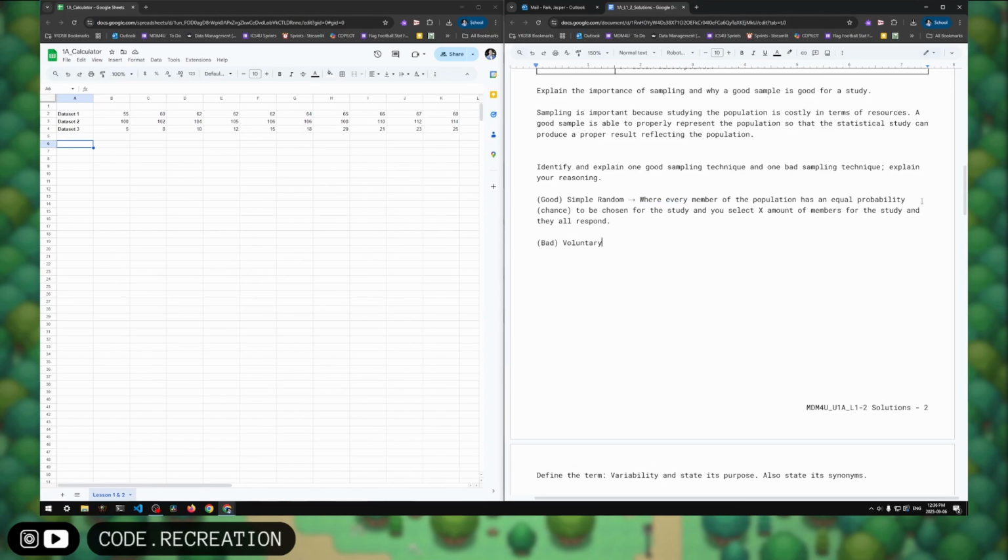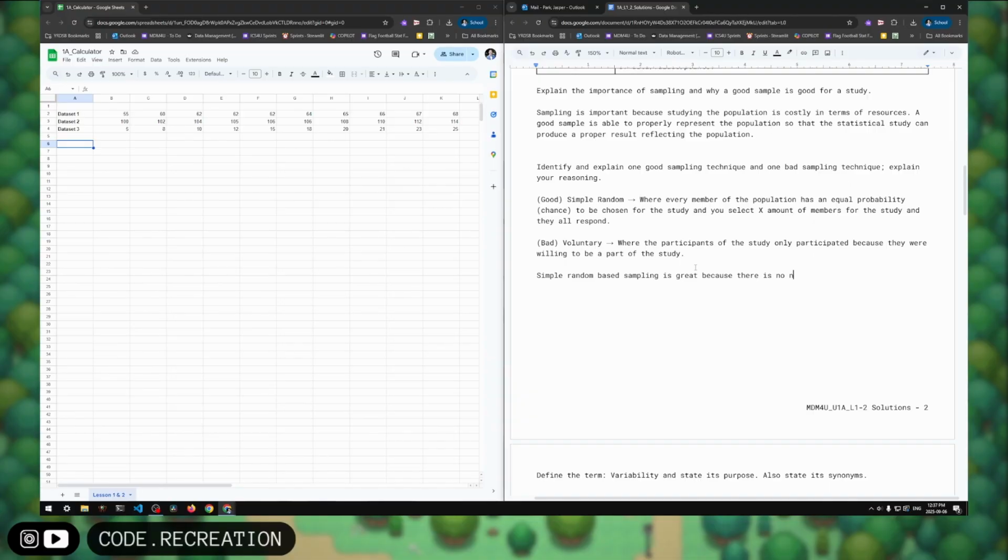We'll say voluntary, where the participants of the study only participated because they were willing to be a part of the study. Simple random sampling is great because there is no selection bias, as in how we selected the people.